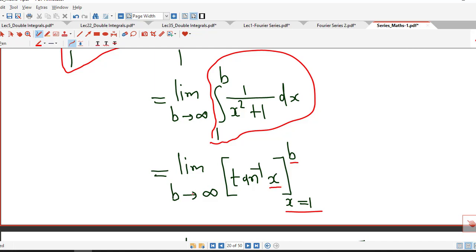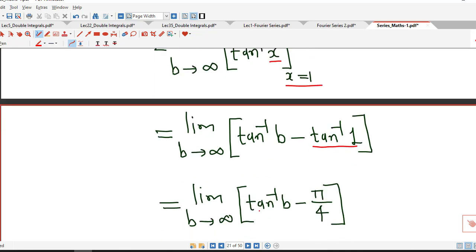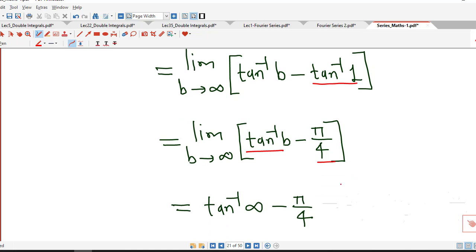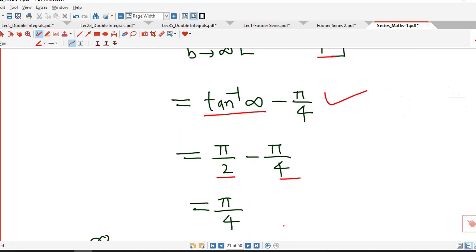So we have the limit of tan inverse b minus tan inverse 1 as b tends to infinity. Now tan inverse 1 is pi by 4, so we have tan inverse b minus pi by 4. As b tends to infinity, we have tan inverse infinity minus pi by 4, and tan inverse infinity is pi by 2, so we have pi by 2 minus pi by 4, which is nothing but pi by 4.